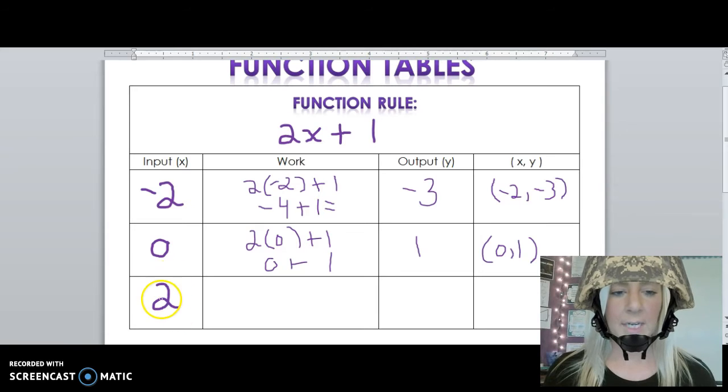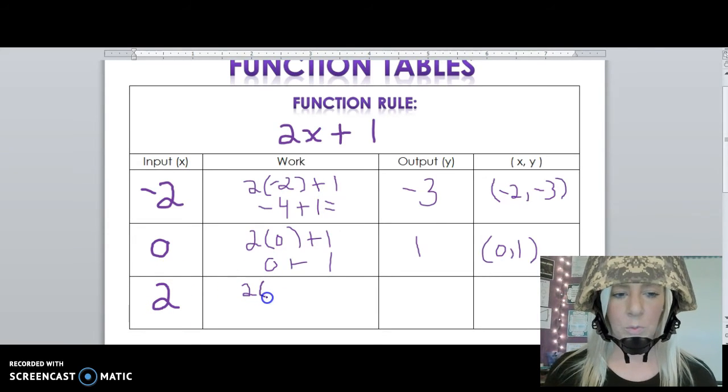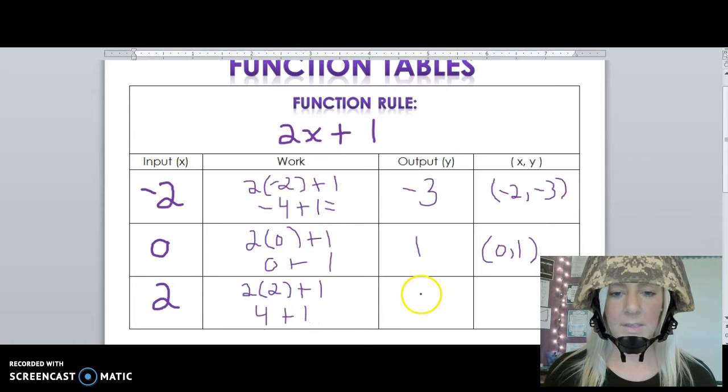And then for our last input, we're going to use 2. So then we have 2 times 2 plus 1. 2 times 2 is 4, plus 1 is equal to 5.